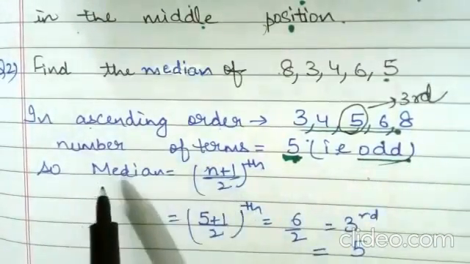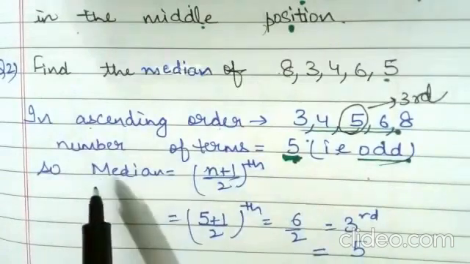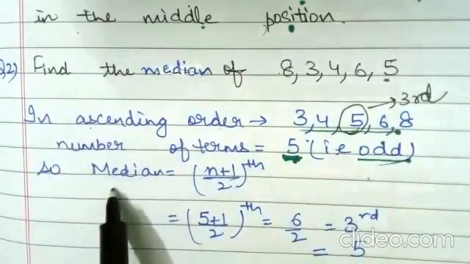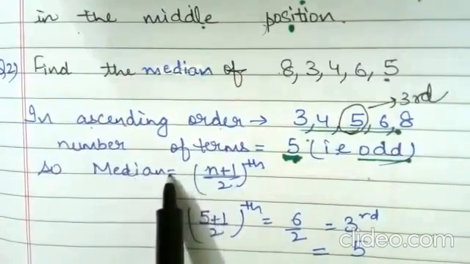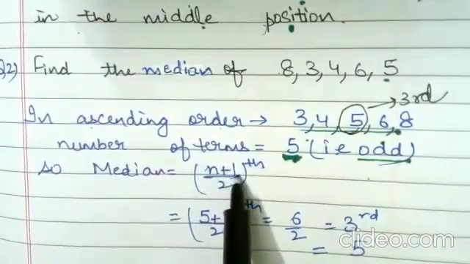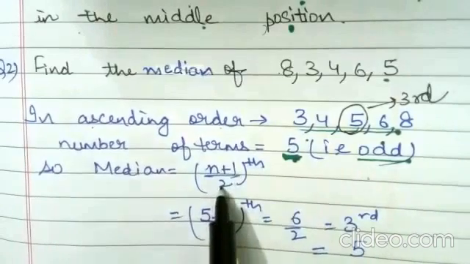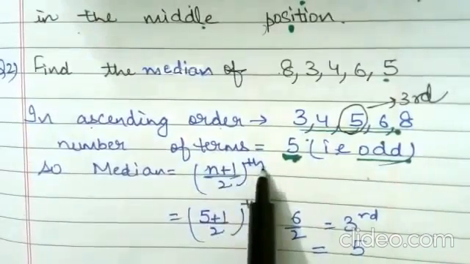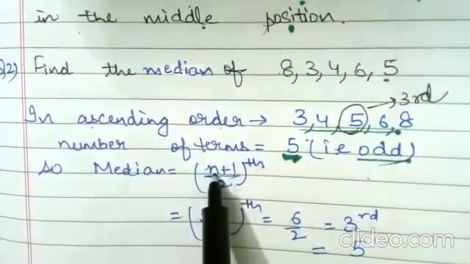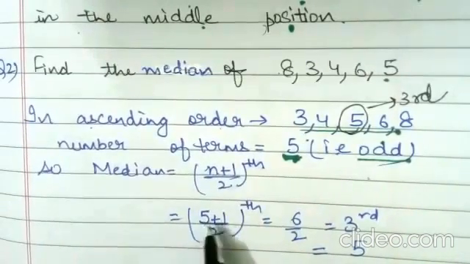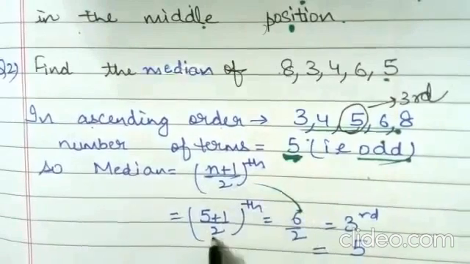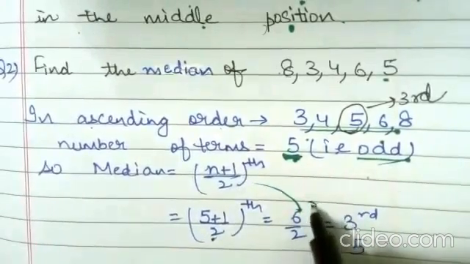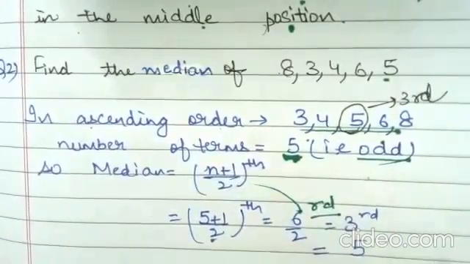So now the formula for odd observations is that the median is equal to (n plus 1) whole upon 2 th. Now what is n? That is 5. 5 plus 1 gives you 6, upon 2, that is the third.